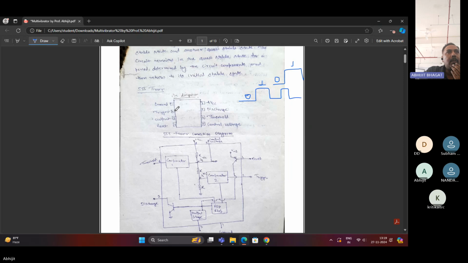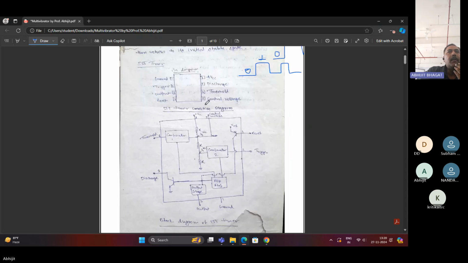First pin is ground, second is the trigger, third is the output, fourth is the reset, fifth is the control voltage, sixth is the threshold voltage, next is the discharge, and then there is the supply voltage. So these are the 8 pins in the timer IC.